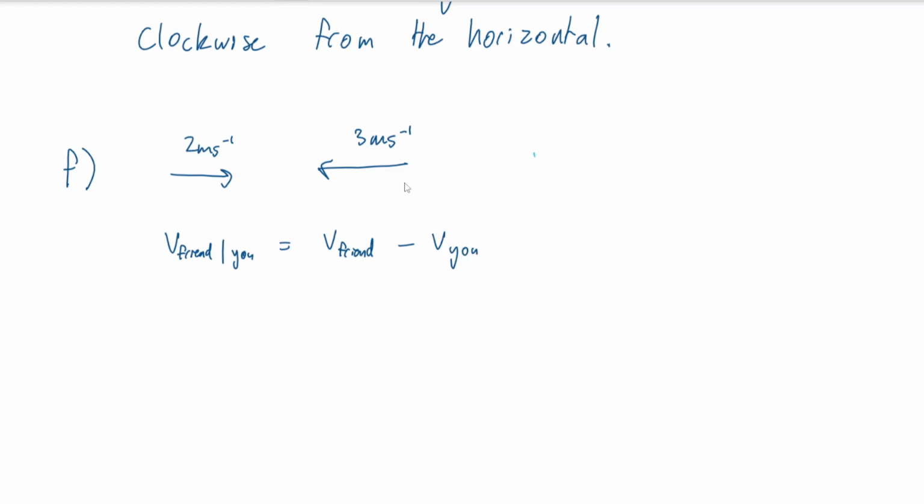And if we define to the right as positive, we have your friend's velocity, so 3 to the left, meaning it would be -3, taking away your velocity, which is to the right, so that will be +2, giving -5 meters per second. So the velocity of your friend relative to you is 5 meters per second to the left.